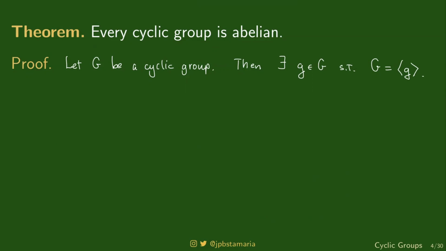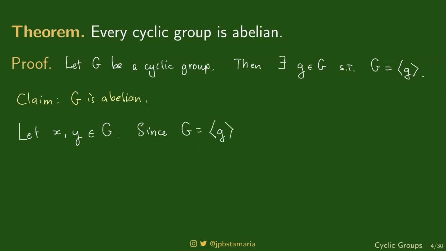Now, we will prove, what do we need to prove here? We will prove that G is abelian, okay? And to prove this, anong kailangan gawin? Kukuha ka ng dalawang elements. So, let's take two elements, let's say x and y from G. Since G is generated by little g, meaning to say, lahat ng elements ng G are just powers of little g.